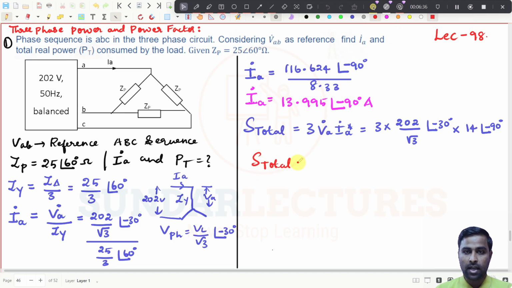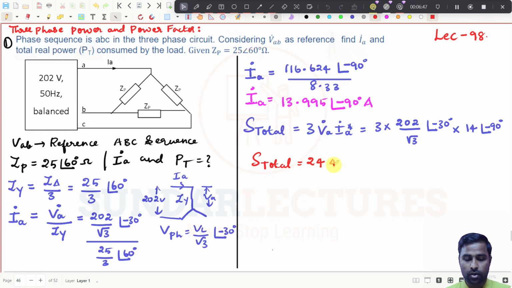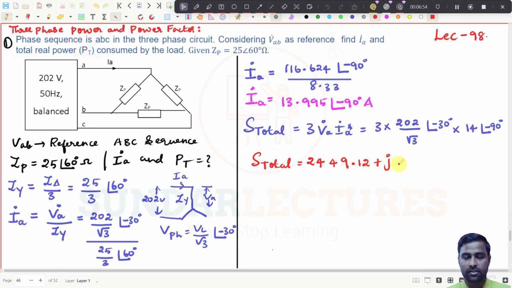So finally, if you simplify this value, I am getting 2449.12 plus j4242. Now what is PT here?